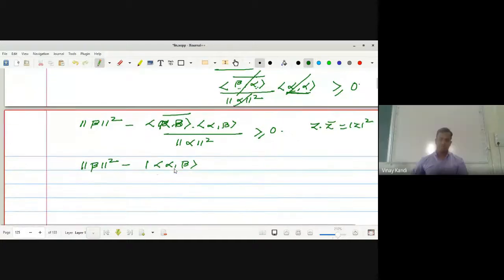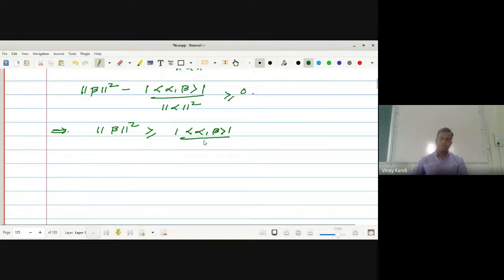No, sir. And this is now mod of inner product of alpha beta divided by norm of alpha square, which is greater than or equal to 0. So this implies norm beta square is greater than or equal to mod of inner product of alpha beta squared divided by norm of alpha square. This implies norm square beta into norm square alpha is greater than or equal to mod of inner product of alpha and beta squared.